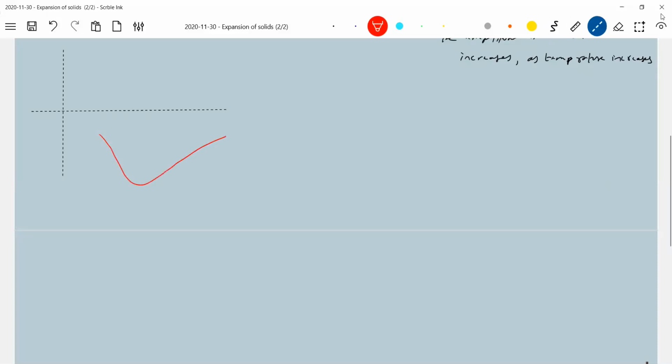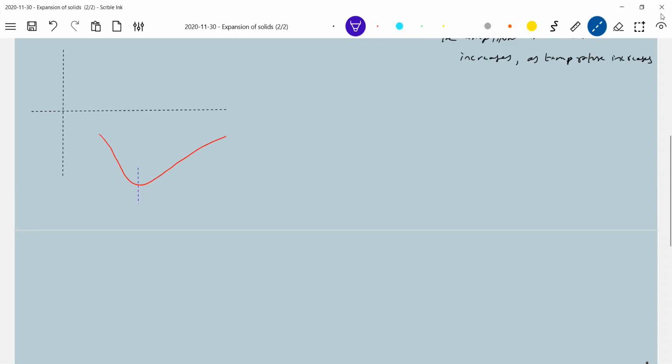Now look at the symmetry of the graph. Are you able to see? The blue color line is not visible.